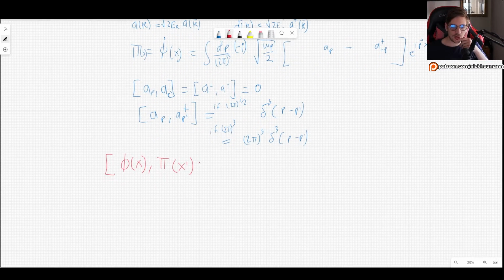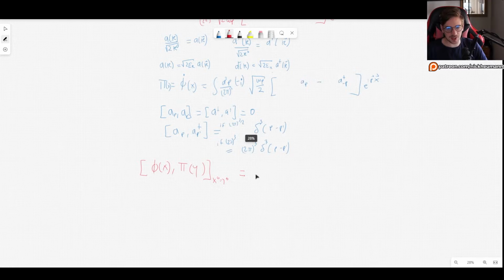So we have phi of x, comma, and instead of x prime, I guess we're just going to use y, even though, again, it's just notation, doesn't matter. And this, of course, is equal time commutation relations. So now we just plug everything in.